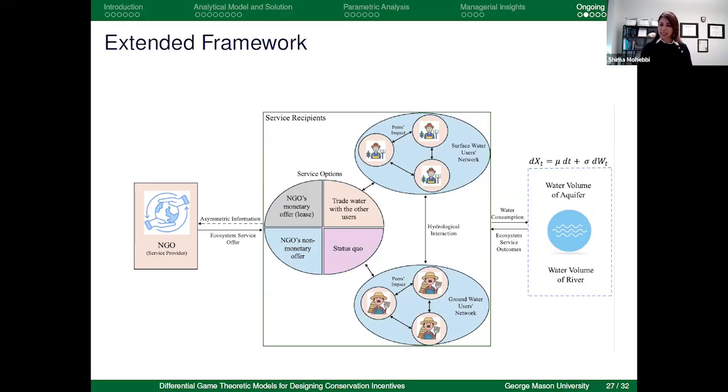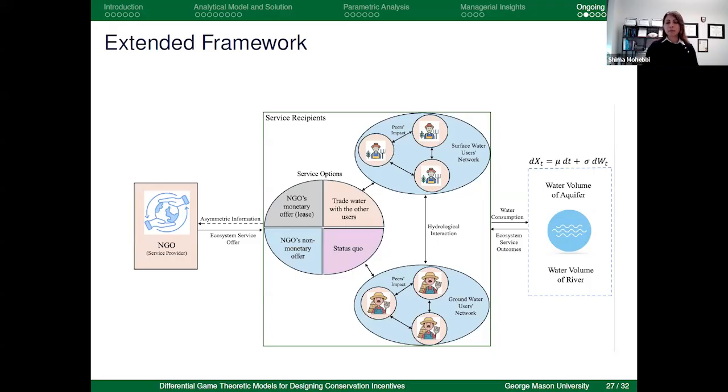In addition, monetary incentives are typically implemented through the leasing of water permits, while non-monetary incentives also play a role.